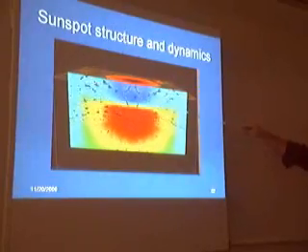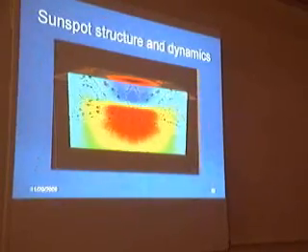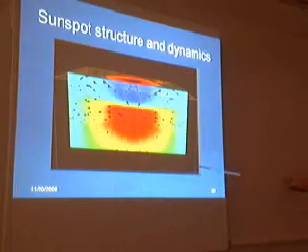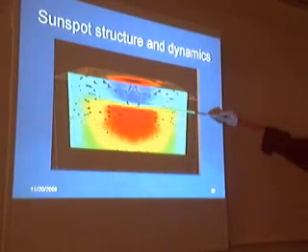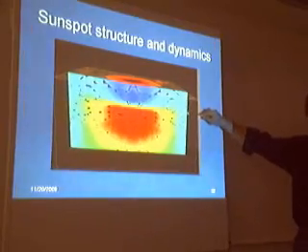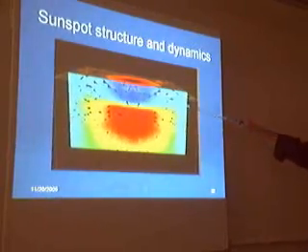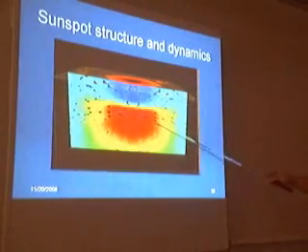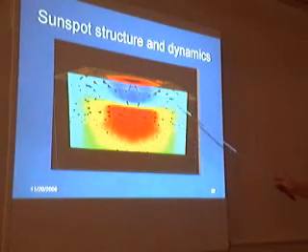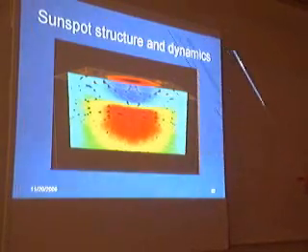So we can see low sound speed, and we believe the sound speed is low because the temperature is lower. And for high sound speed, maybe the heat flux is somehow blocked here, because the magnetic field inhibits convection and blocks the heat flux. That's why sunspots are dark. And it's amazing that you can see a similar flow pattern to the one suggested by Parker to explain the stability of sunspots.